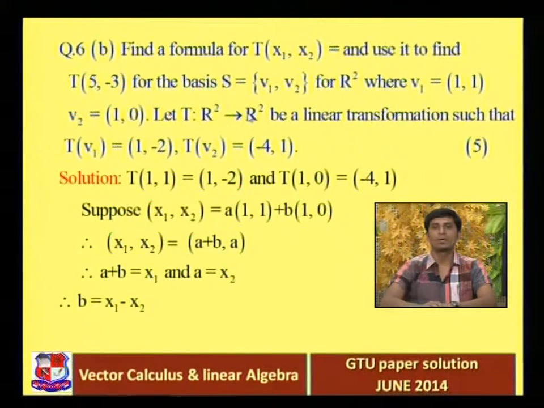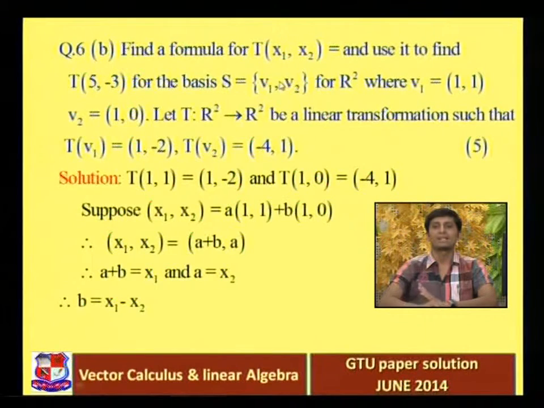Let T from R2 to R2 be a linear transformation such that T of V1 is equal to 1, minus 2 and T of V2 is equal to minus 4, 1. So here we want to find the transformation T of x1, x2, right? And also using that T of x1, x2 we can find T of 5, minus 3.